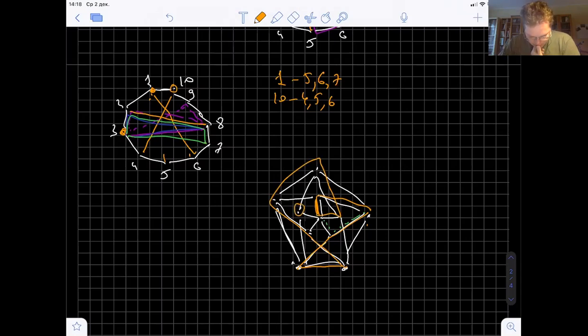So how can I modify my cycle to go through this vertex? So maybe I should go.